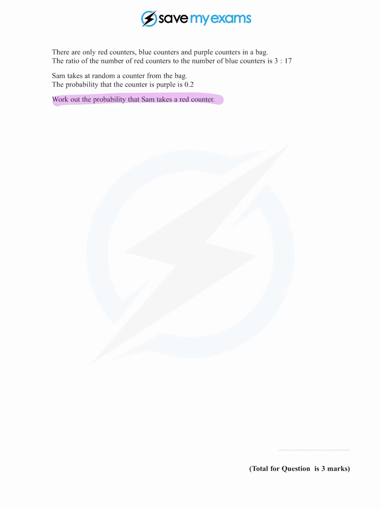So we sort of need to know the number of counters, don't we? So let's use the information we've got in the question. Let's start with this ratio. The ratio we're told is that the number of red counters to the number of blue counters is 3 to 17. Now, what about the purple counters? Well, let's put them in there too. How many purple counters are there? Well, let's call that X. I don't know.